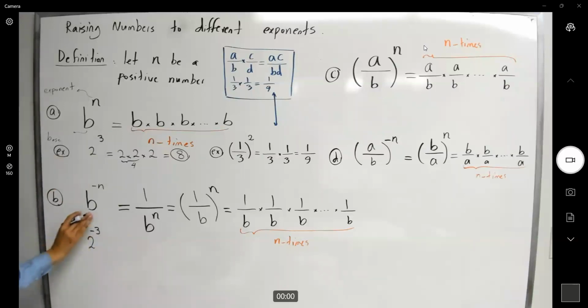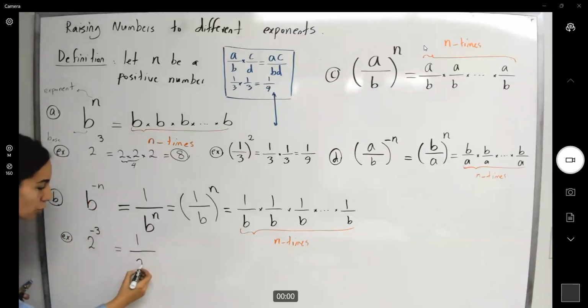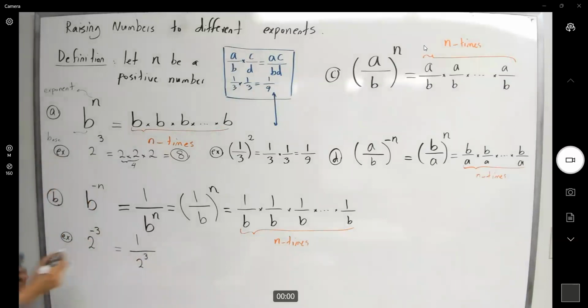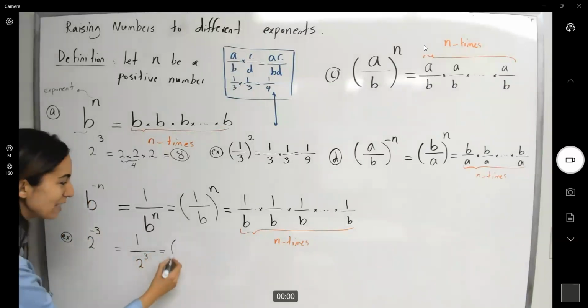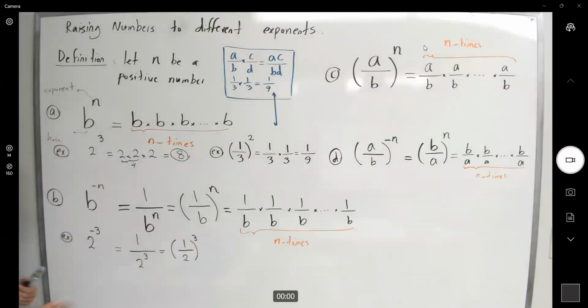Well, follow the definition. Base is b, 2, and the exponent is negative 3, negative n. I'm going to flip this. I'm going to write it as 1 divided by 2 to the positive exponent. What's the meaning of that? It means that I'm taking a half and raising it to the 3rd power.